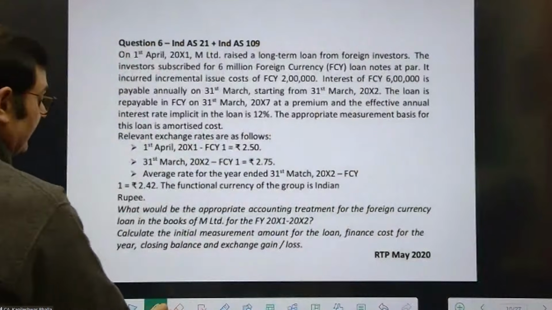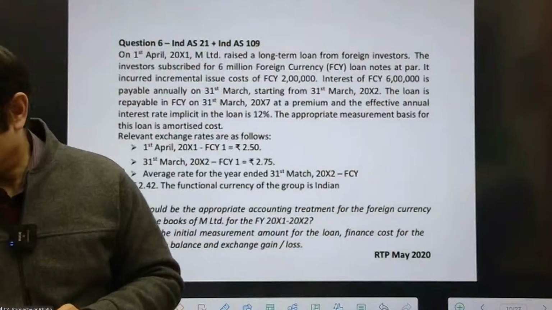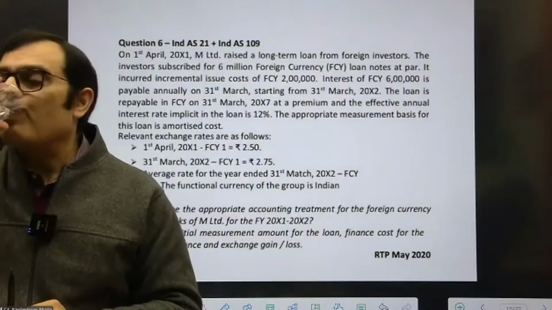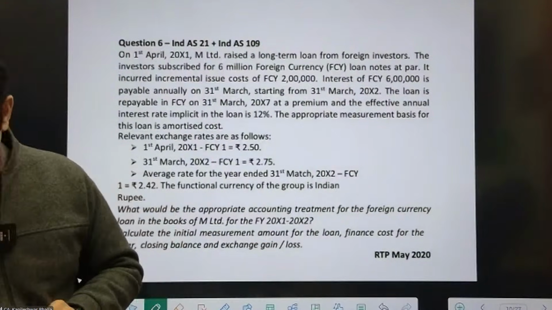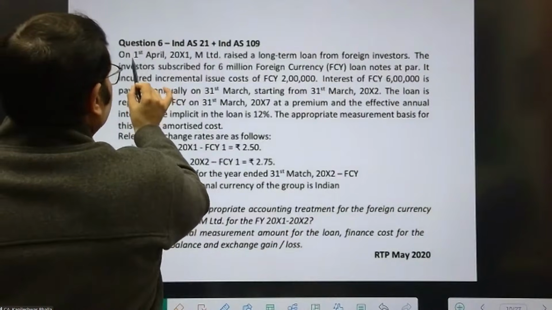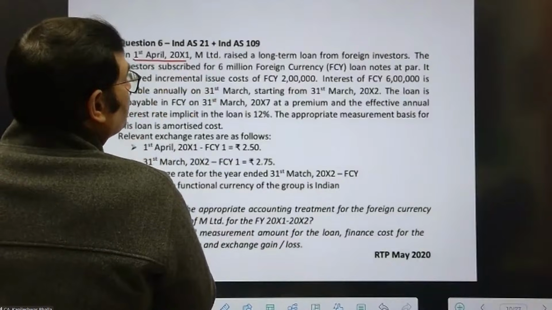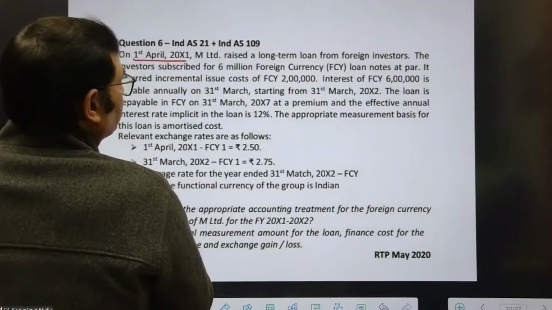So let's have a look at this question first of all. Question 6, which is a Revisionary Test Paper. So let's read the facts of the case. It says on 1st April X1, M raised a long-term loan from foreign investors.